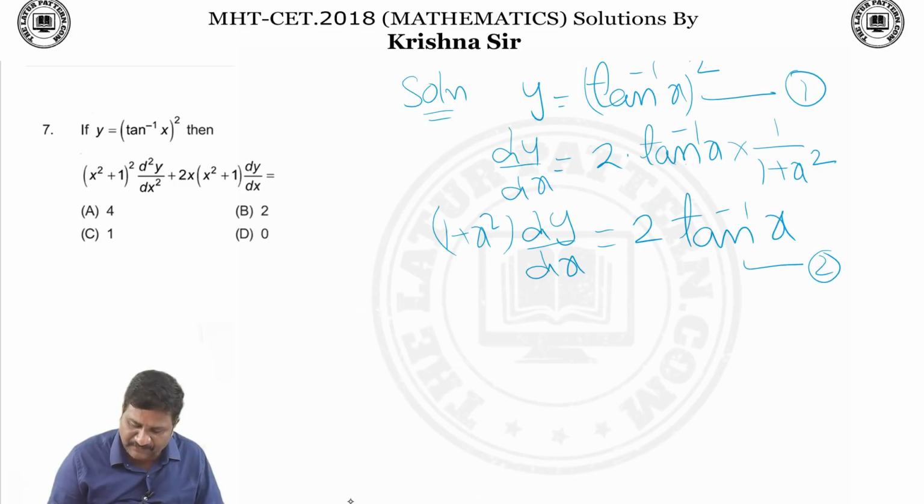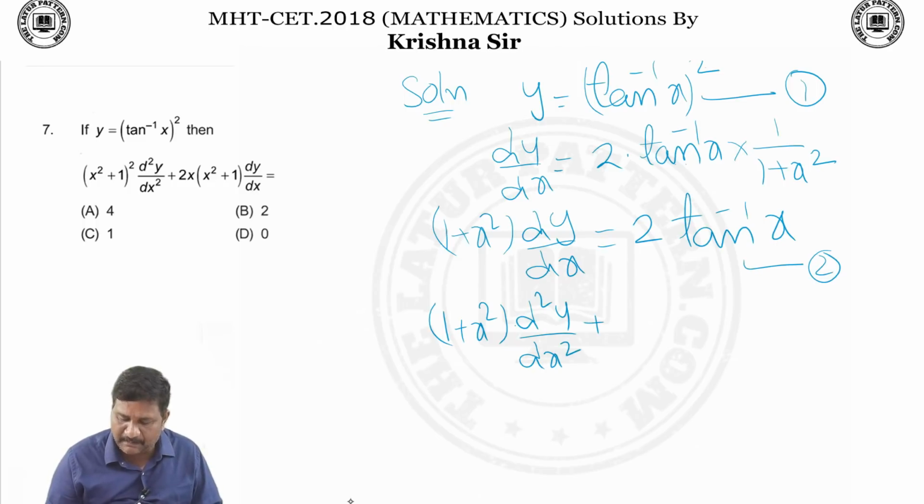So applying the formula, first function u same as it is, second function derivative d square y by dx square, plus first function 1 plus x square derivative 2x, and second function same as it is. Now it can be taken as 2 into derivative of tan inverse, 1 by 1 plus x square.